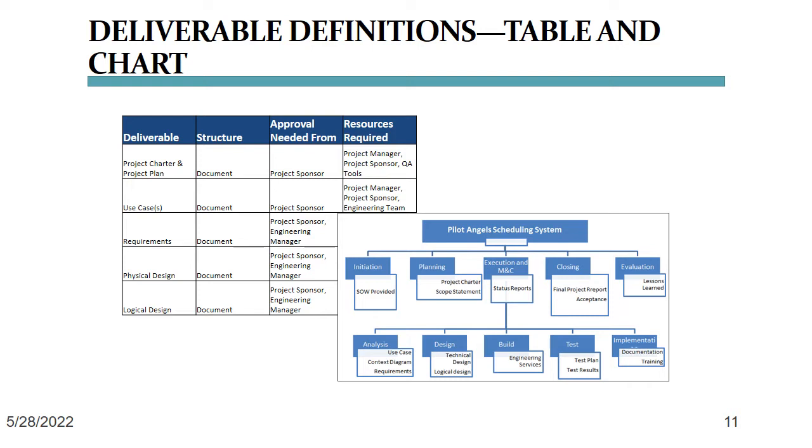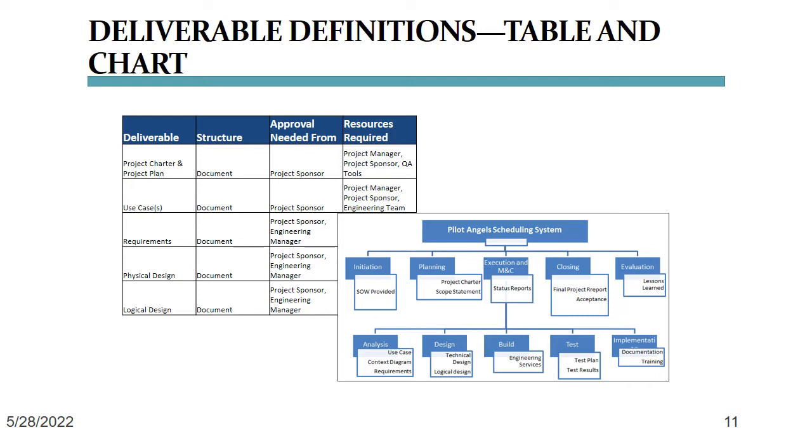And the resources required, that is the roles that are in charge of producing this kind of deliverable. Now, please note that in this project deliverable definition table, we also see the product scope. For example, requirements, physical design, and logical design. That is because product scope is part of project scope.